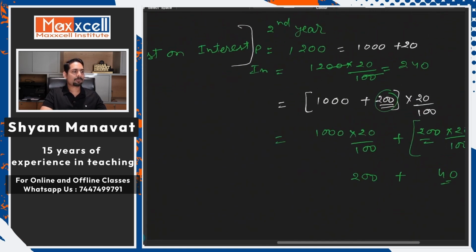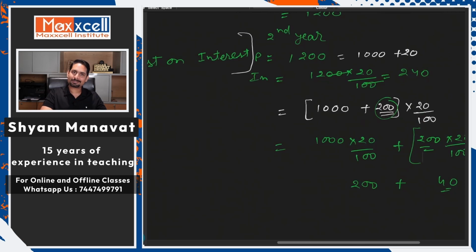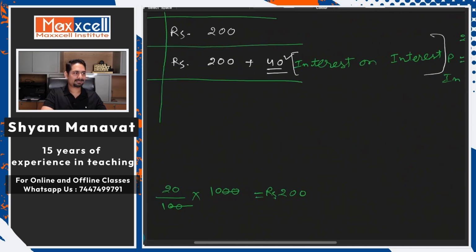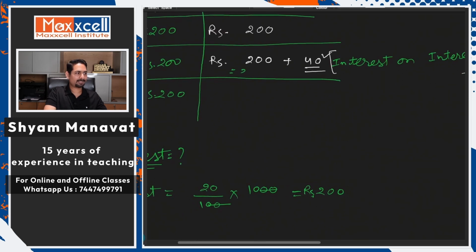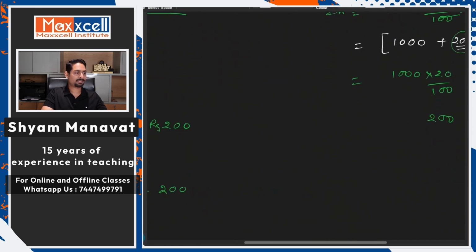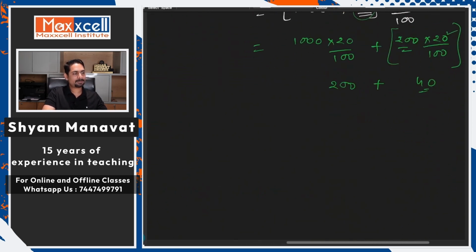Now, I will again not withdraw this interest which is generated in the second year. That's 240 which is generated in the second year. I will again not withdraw them. So this time for the third year, how much is the principal I have? Or I would say how much is the amount I have in the bank account?